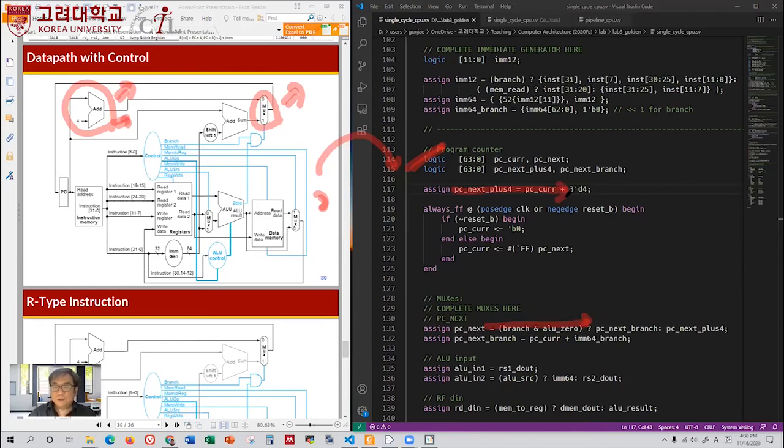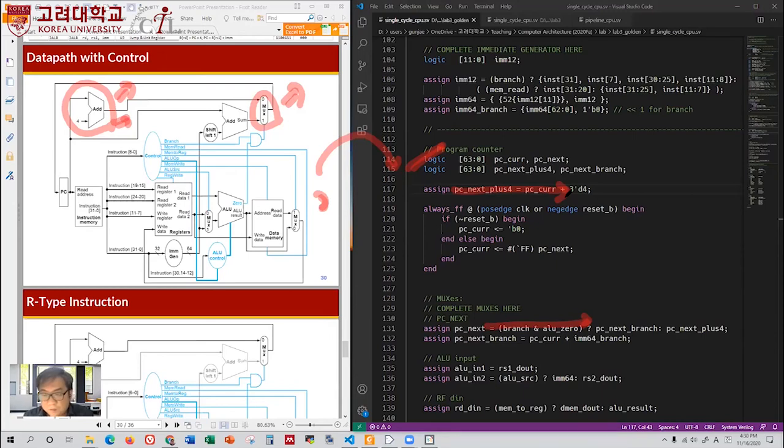So we can implement the adder and the mux in the SystemVerilog code. You need to know how to translate your architecture block diagram into real Verilog design for a digital system.